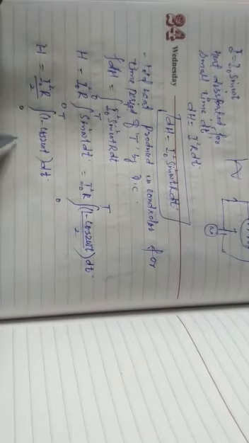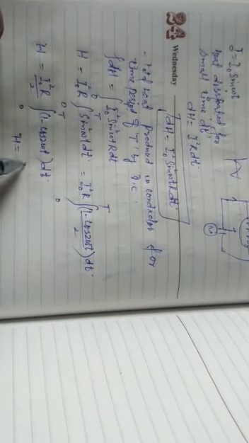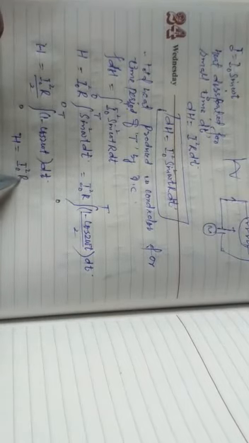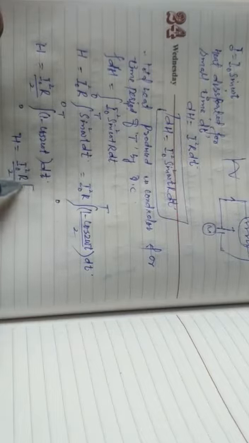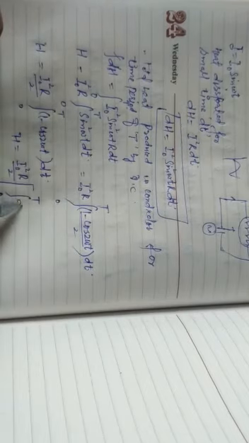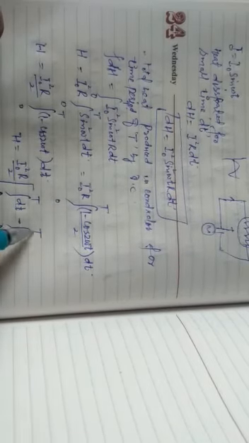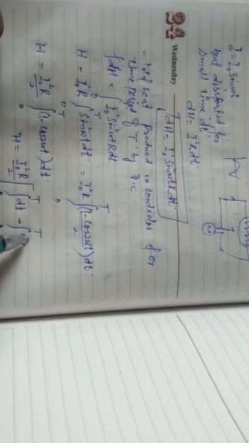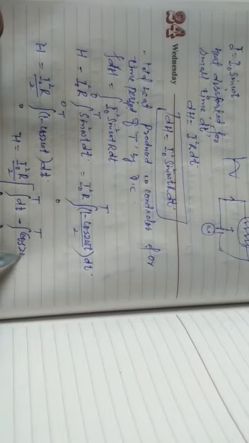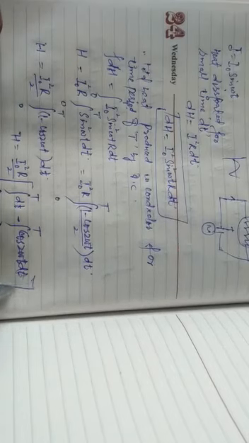It will be H equals I naught square R by 2, in a long bracket, the integral from 0 to T of 1, which is simply dt, minus the integral from 0 to T of cos of 2 omega t dt.